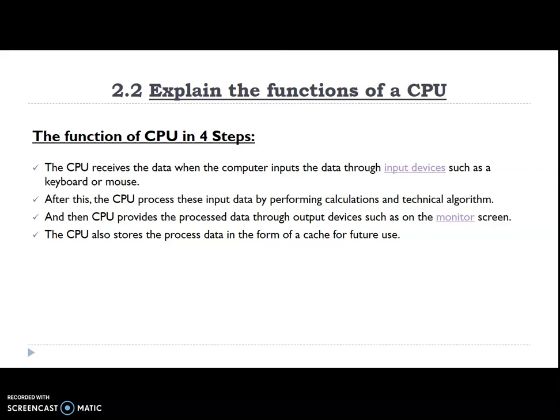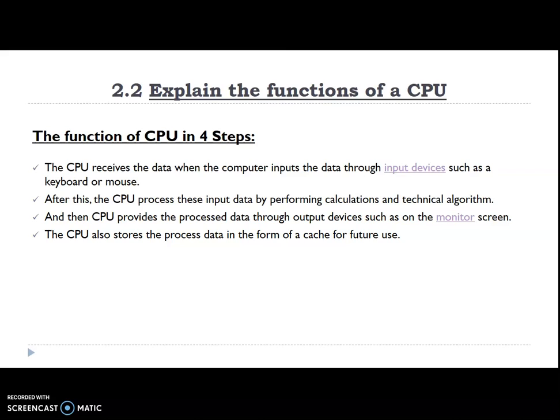Explain the functions of a CPU. So here I've presented the function of CPU in 4 steps, which are: Number 1, the CPU receives the data when the computer inputs the data through input devices such as keyboard or mouse.